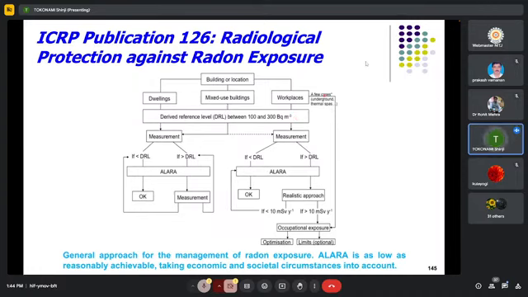In a few cases at workplaces, such as underground mines and thermal spas, it should be considered occupational exposure. In this case, we have to take optimization and we have to take a limit optionally.